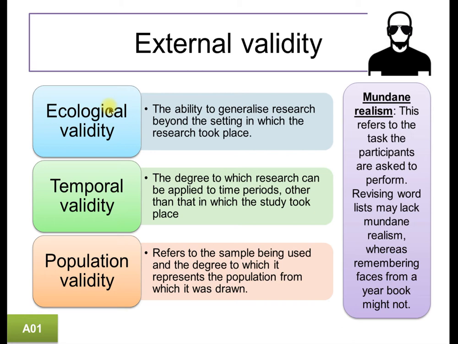Equally, if we're carrying out a very natural experiment, but that's very niche, that's very specific, think about the research on Romanian institutions by Rutter. These were very unique places. Can you then say, we'll take that research and apply it to British institutions, British orphanages, American orphanages? Very, very difficult to do that.